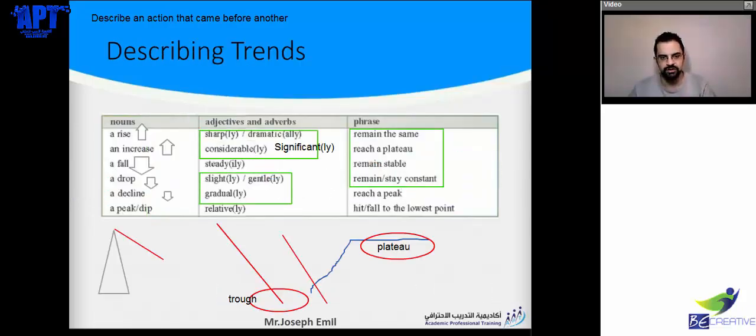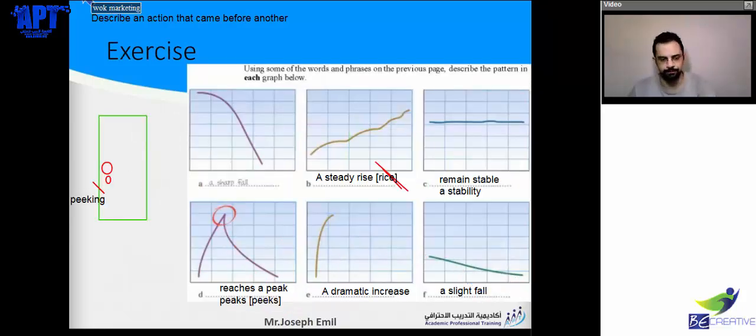Here, a gentle fall, or a gradual fall. Maybe, let's say, a gradual decrease, or a gentle drop. Okay, all of these words can be used here. Let me expand this one.